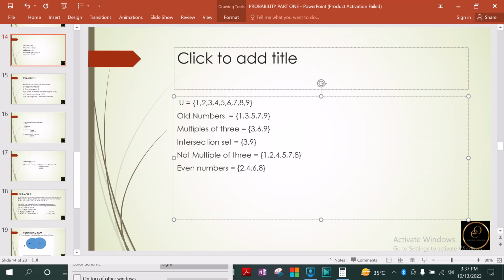So if that is the universal set, where you have either odd numbers or even numbers, let's see what is the probability of even numbers. If I may work it out just here, even numbers means that is 4 divided by 9.